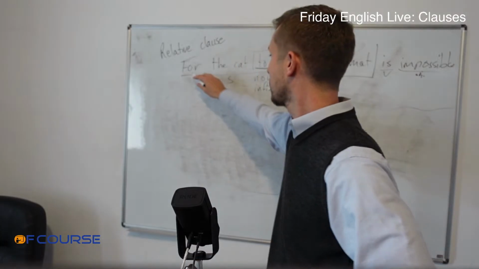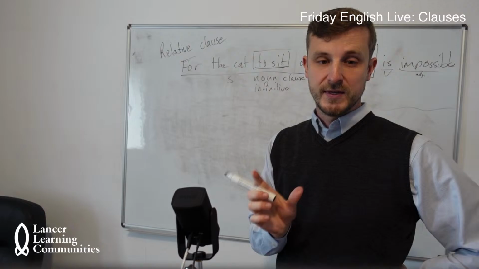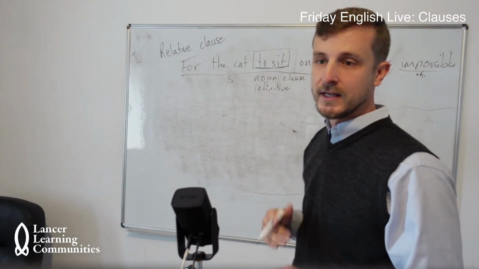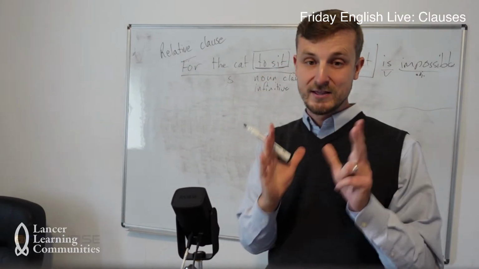So this is our clause right here. It is a short phrase that we put at the beginning. On the mat is part of this. So it goes with to sit, it goes within this phrase.